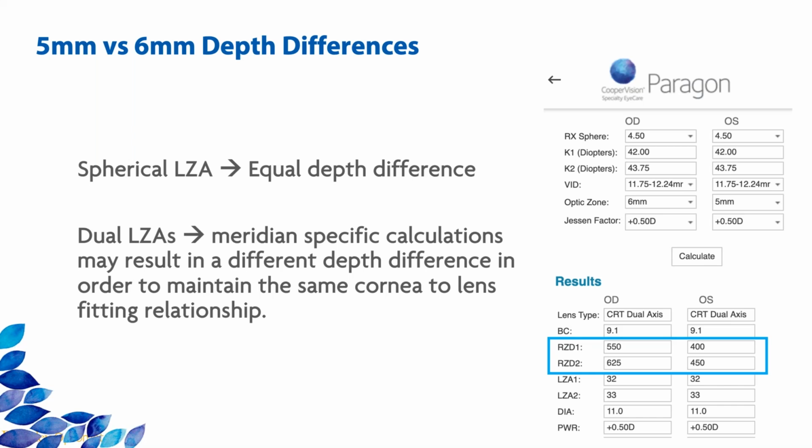And if they really want to unblind themselves in understanding which eye is wearing a test lens versus control lens, they can pretty much tell by the laser markings on the lens. But most of them do not know CRT enough to know that a 5.0 OZ has a shallower RZD. So they are still sort of blinded from the treatment allocation.